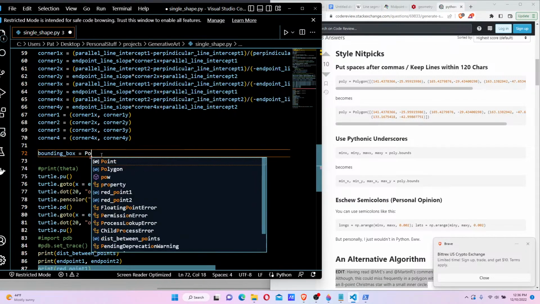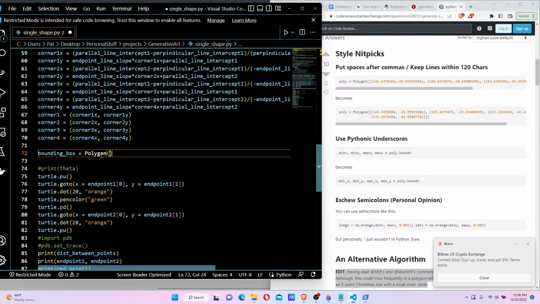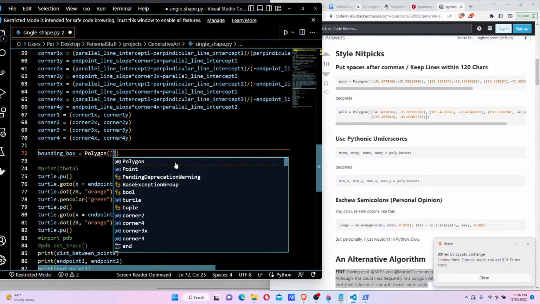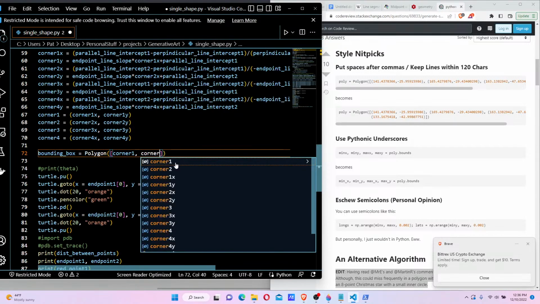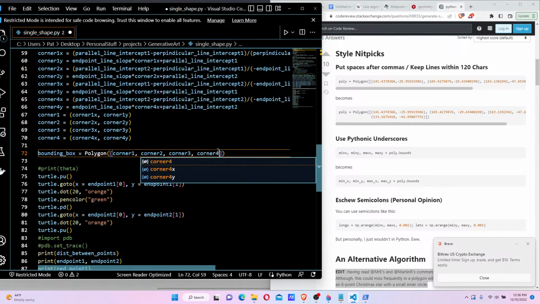Okay, so bounding box is equal to Polygon of, should be a list, corner 1, corner 2, corner 3, corner 4.